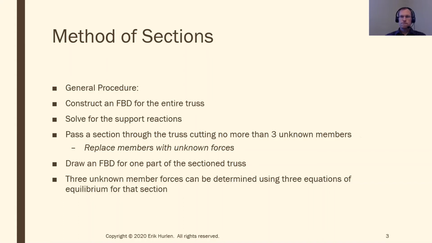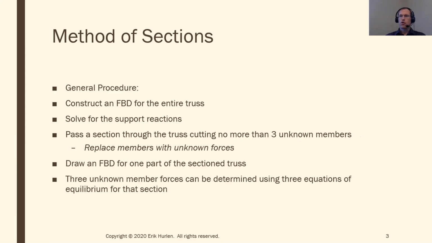So the general procedure, similar to method of joints again: I want to construct the free body diagram for the entire truss structure. I can solve for those support reactions. I may or may not need them, just like we saw in method of joints. And then the next step is to pass a section cut through the truss, cutting no more than 3 unknown members, and those 3 members get replaced by internal reaction forces.